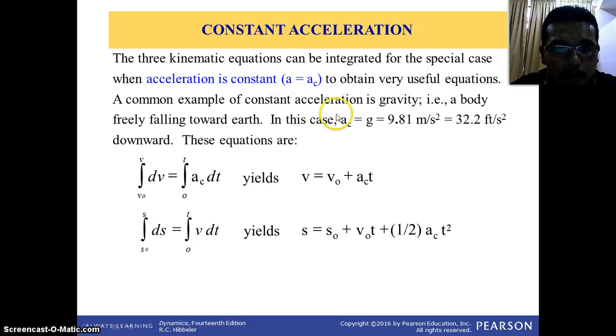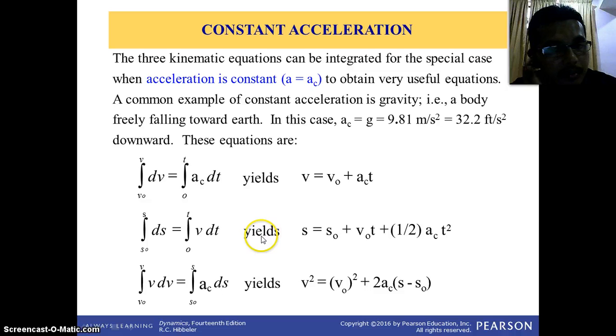A common example of constant acceleration is gravity. For a body freely falling towards the earth, g is equal to 9.81 meters per second squared downward. Integrating dv, ds and v dv, we yield the three useful equations.